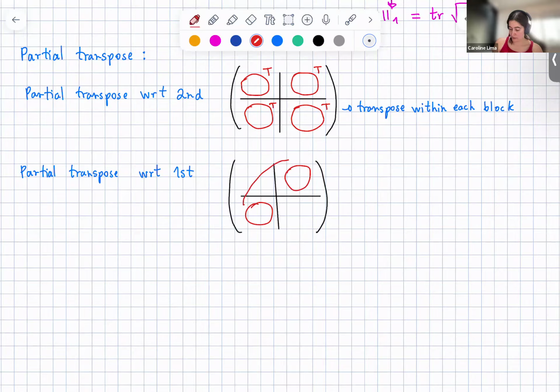So I'm going to swap this block up and put this one down here. Okay, transpose. So this means that I'm transposing each block themselves. So I'm transposing the actual block.